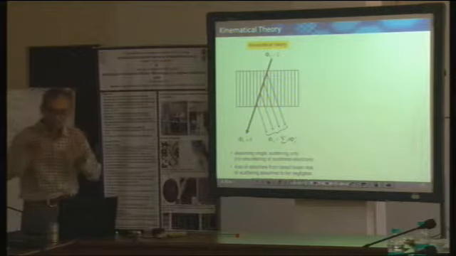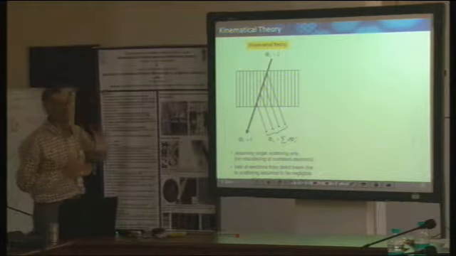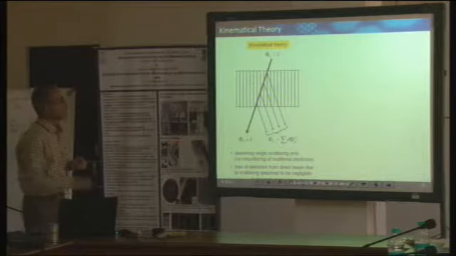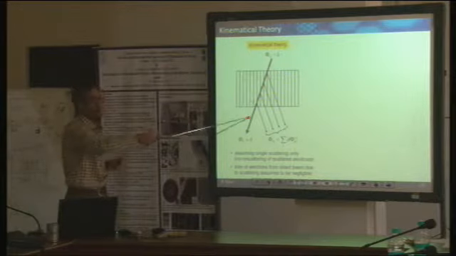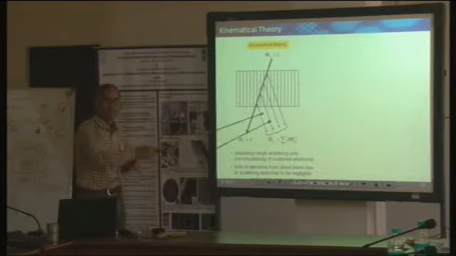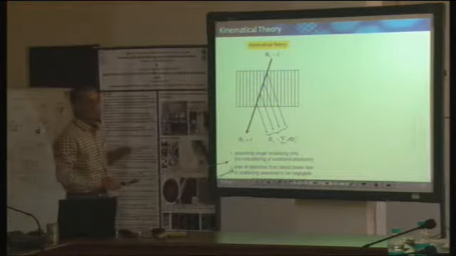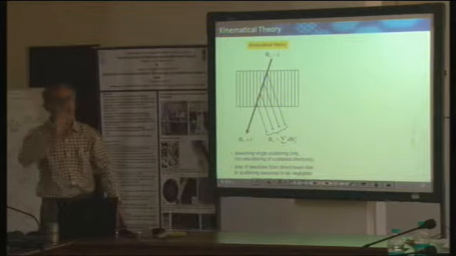But just to get an introduction and start to understand the phenomena, we assume so-called kinematical scattering. In kinematical scattering, the following assumption is made: if this is the incident beam, as it goes through the material, there is scattering. It gets scattered like that. But nonetheless, this scattering is weak.